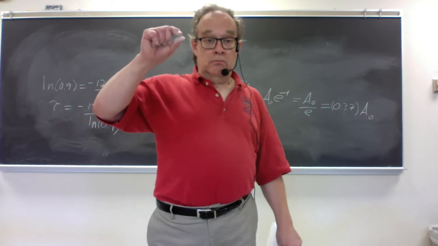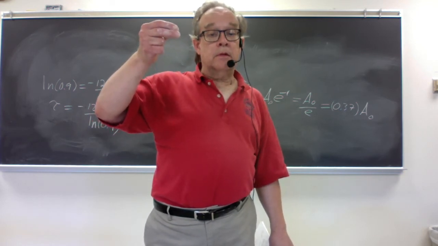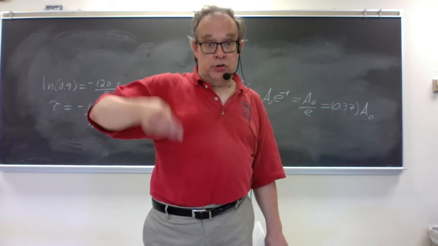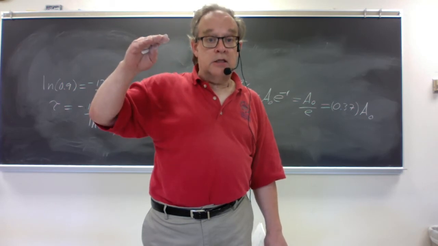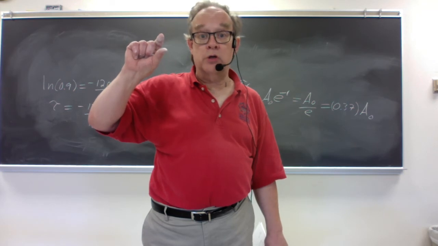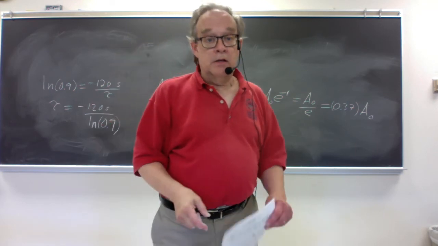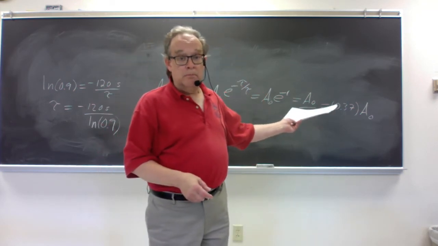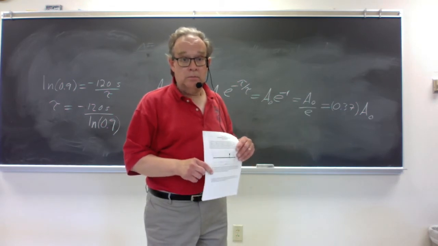Say the mass hanging from a spring and you just let it go, it oscillates for a long time. It takes a long time for that amplitude to noticeably decrease. And so that would correspond to a big value of tau.